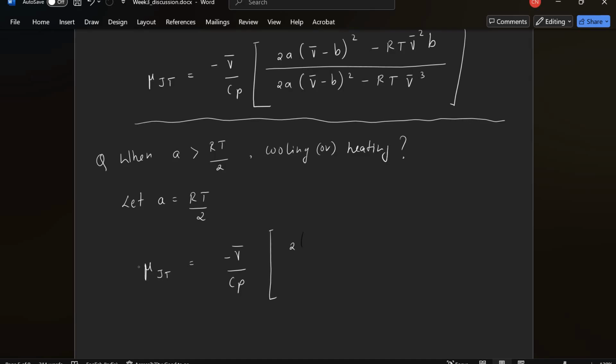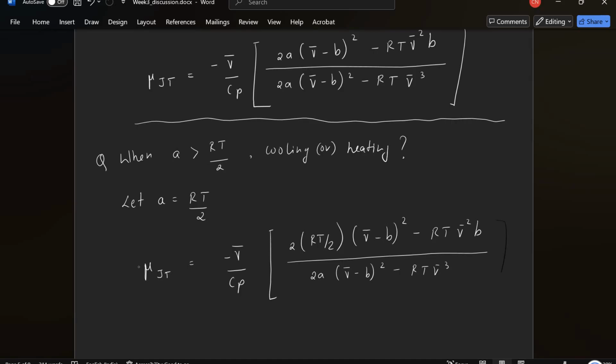So 2 into RT by 2, V bar minus B whole square, minus RT V bar squared, divided by 2A, again V bar minus B whole square, minus RT V bar cubed. Oh sorry, I have to make this RT by 2, right? So 2 into RT by 2.